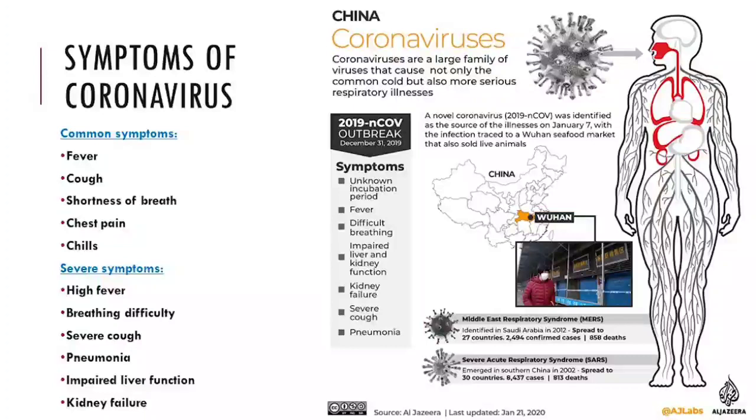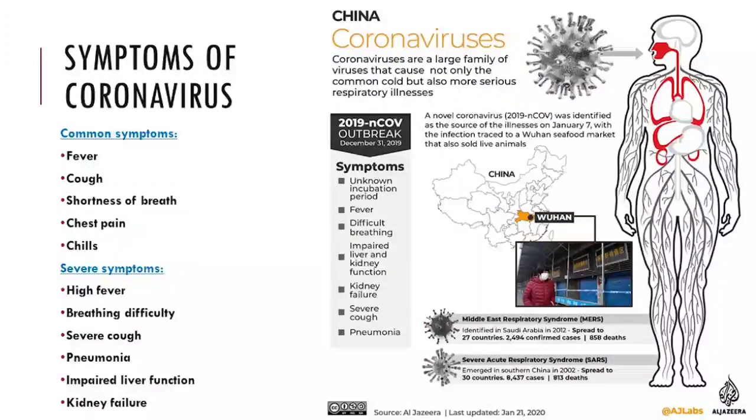Why is this coronavirus dangerous? It may not be revealed or detectable during the incubation period, which was supposed to be 14 days, and we believe it is 14 days, but due to mutation of the virus, the incubation period can be unknown. What do you mean by incubation period? It means we don't show any symptoms.